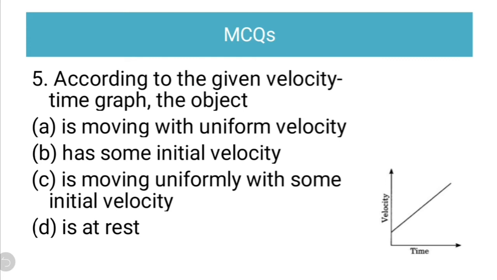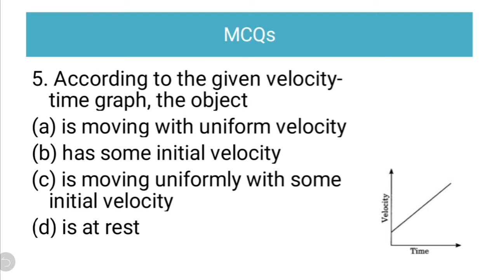That's why. B has some initial velocity, that we can say, because yes, it is starting not from origin, so it has some initial velocity. Then option C is moving uniformly with some initial velocity. Again, you cannot say that it is uniform motion. Why? Because this is velocity versus time graph. Velocity is changing, acceleration is uniform but not the velocity, so definitely not C. And D is at rest.